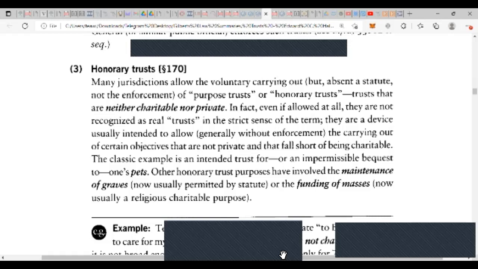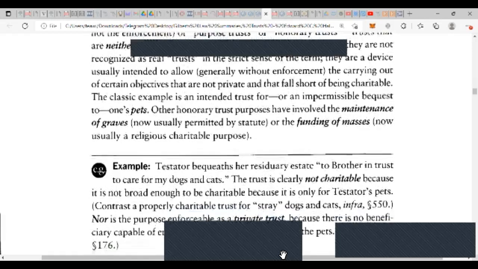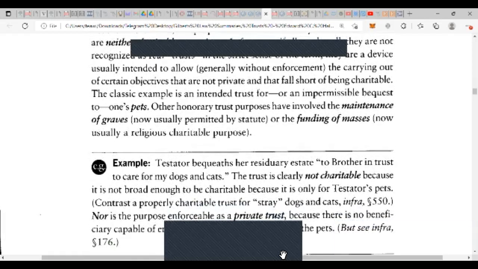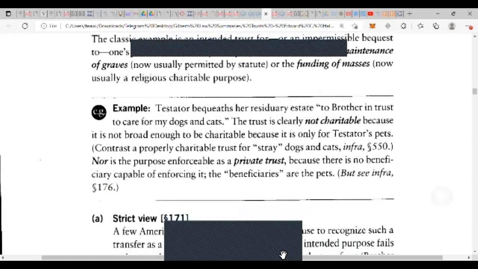The classic example is an intended trust for, or an impermissible bequest to, one's pets. Other honorary trust purposes have involved the maintenance of graves, now usually permitted by statute, or the funding of masses, now usually a religious charitable purpose.